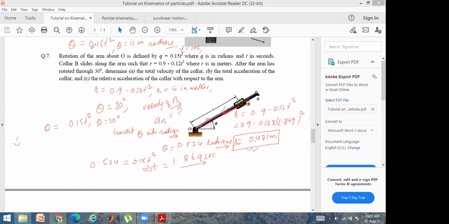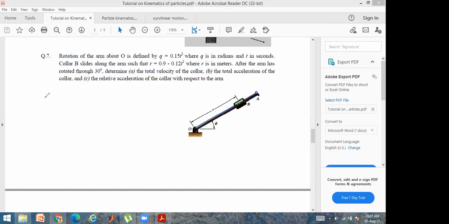Theta is given as 0.15 t square. That means you can write theta dot equals 0.15 into 2, equals 0.30 t.